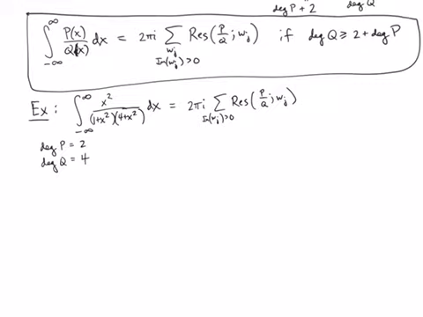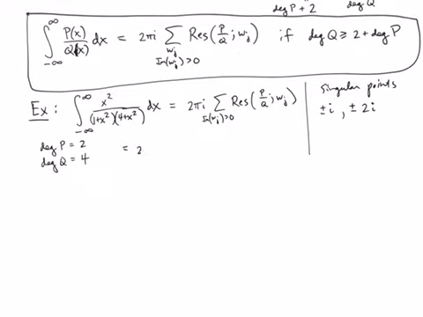So clearly the singular points here are plus or minus i and plus or minus 2i. Right, so the ones in the upper half plane are i and 2i.